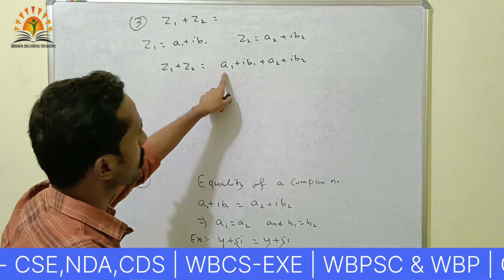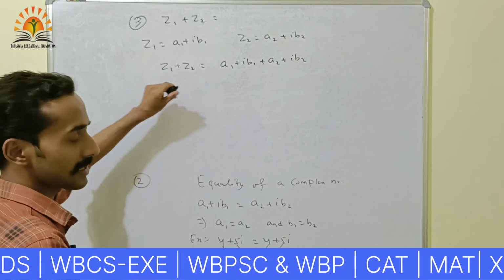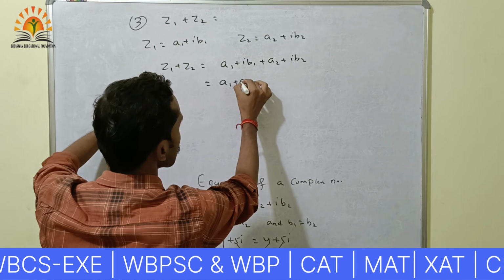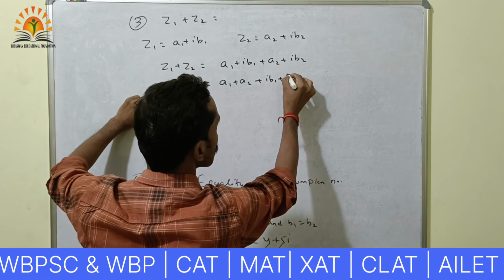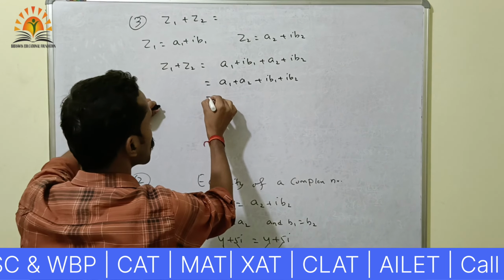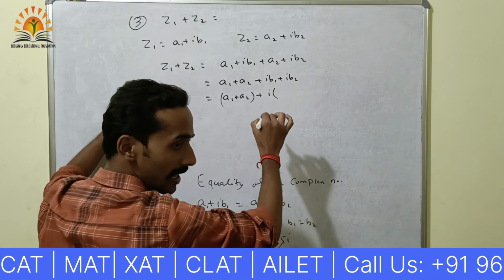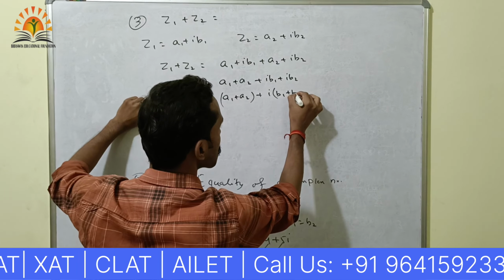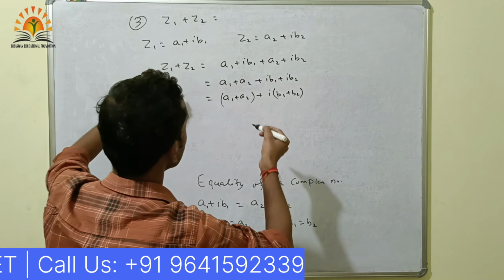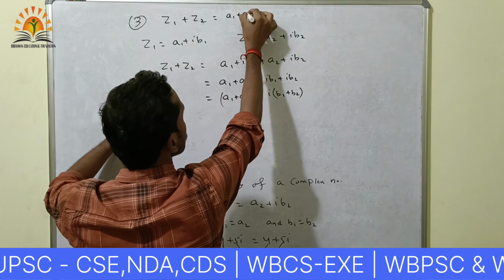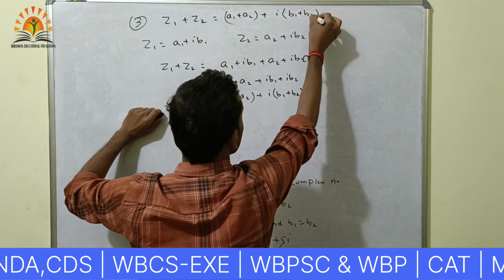Real part is always added with real part, imaginary part is always added with imaginary part. So we write a1 plus a2 because both are real, and iota b1 plus iota b2 both are imaginary. We take iota as common and write b1 plus b2. Now this becomes a formula: Z1 plus Z2 is equal to a1 plus a2 plus iota times b1 plus b2.